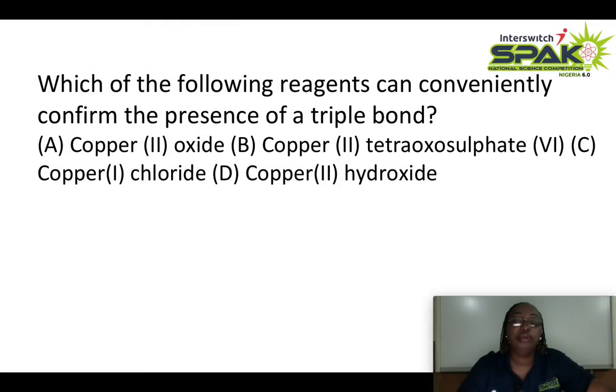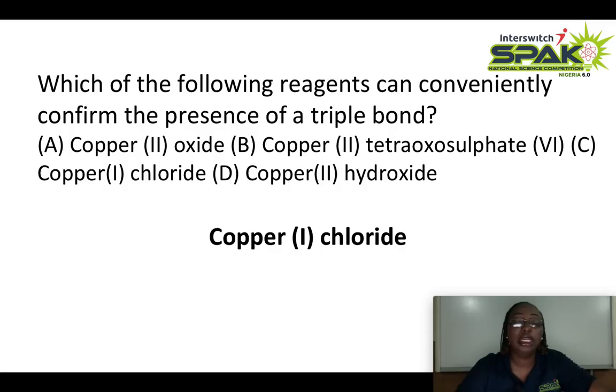Which of the following reagents can conveniently confirm the presence of a triple bond? Now, I also mentioned earlier that to differentiate an alkene from an alkyne, you can use either ammoniacal silver nitrate or copper 1 chloride. So your answer is copper 1 chloride.